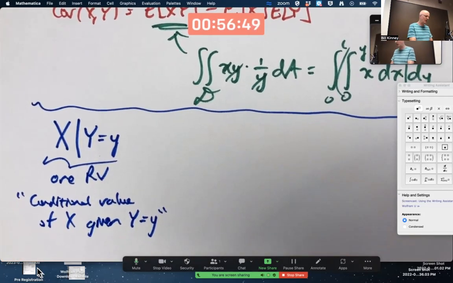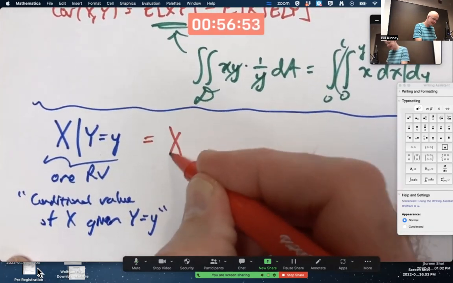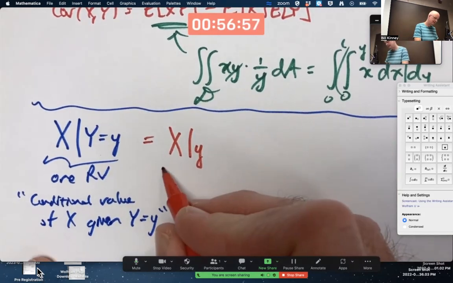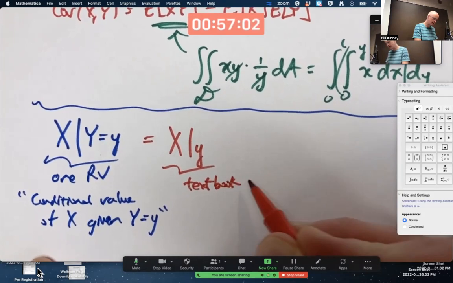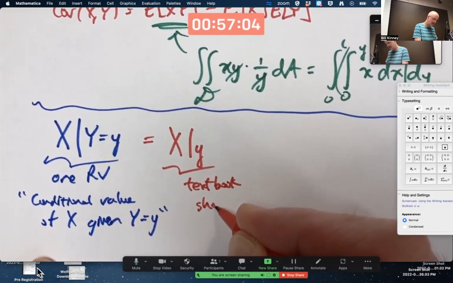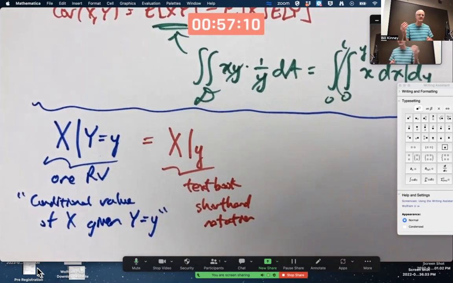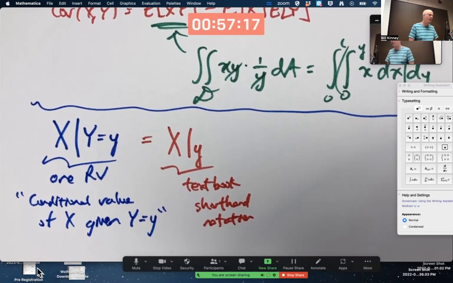Our book uses a shorthand notation for this that gets rid of the capital Y. But to tell you the truth, even though it's quicker to write, I prefer the longer notation. I don't always use it, but I prefer it. What is this?